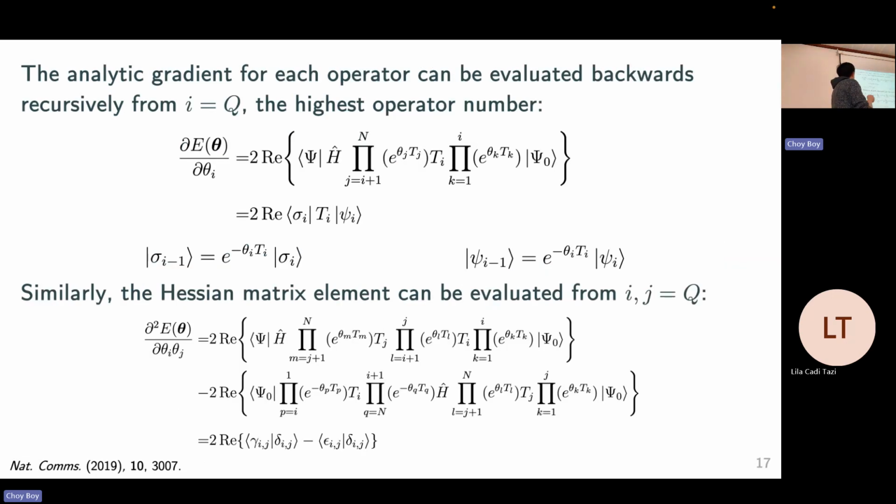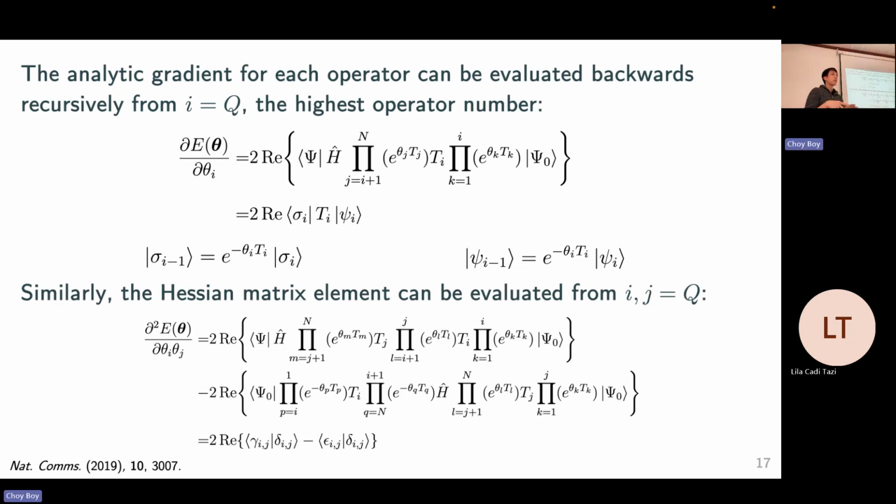And we can calculate the analytic gradients quite easily for the optimization. So we actually work backwards to calculate the energy. The result is that our calculation is much more efficient. And similarly, we can also do this for the Hessian matrix.